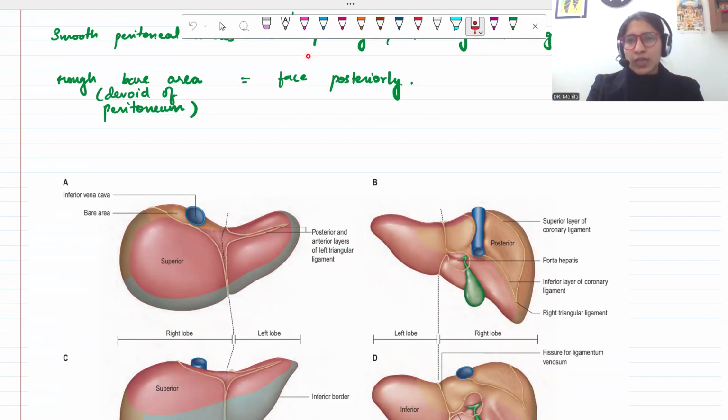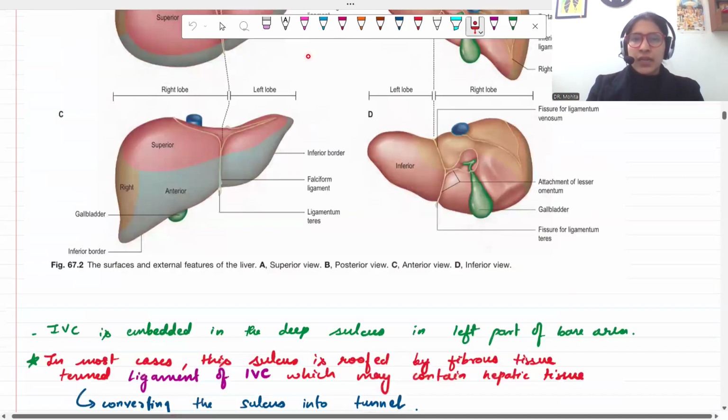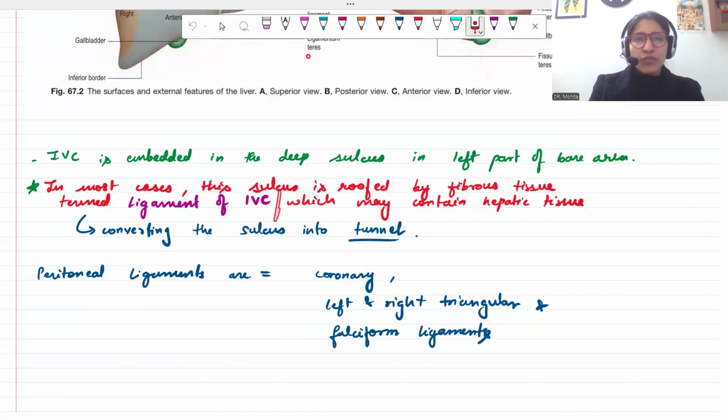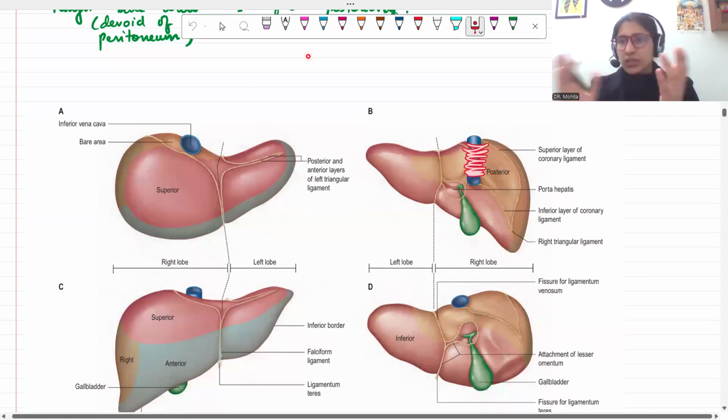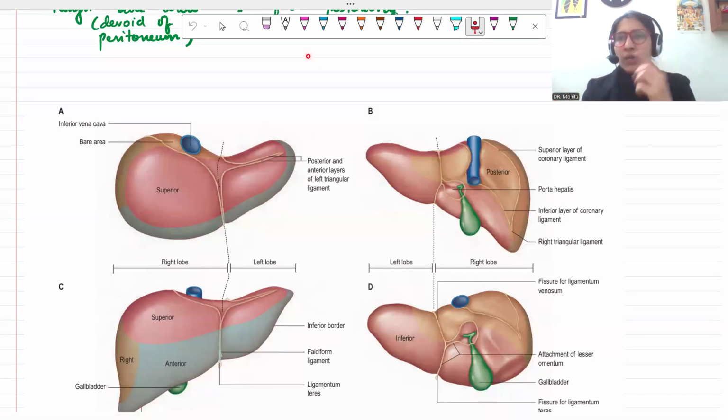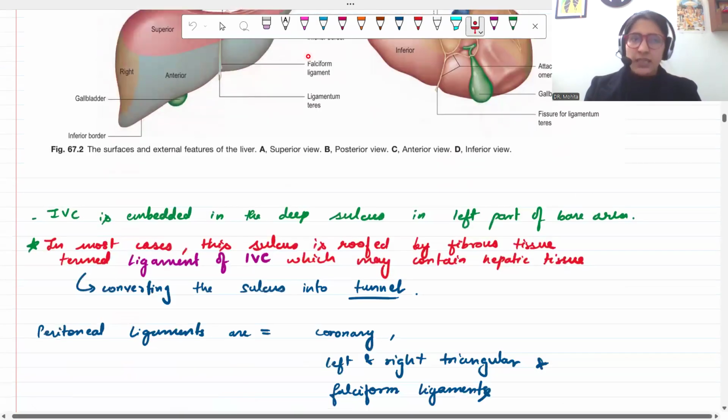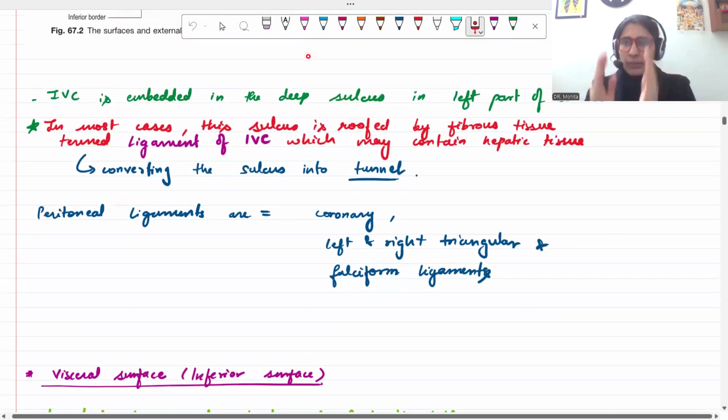Mostly cases में क्या होता है, this groove is covered by fibrous ligament. That ligament is ligament of inferior vena cava. So generally क्या होता है कि अगर सोचो ये ग्रूव है, ग्रूव के ऊपर अगर मैं ऐसे फाइबर्स पास हो रहे हैं, तो it will become a tunnel through which inferior vena cava is passing. सो जनरली ऐसा ही होता है कि वो एक टनल में कन्वर्ट हो जाती है.